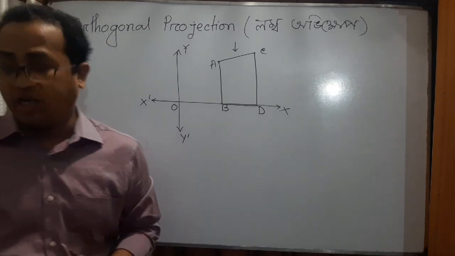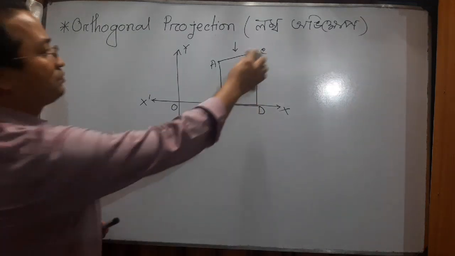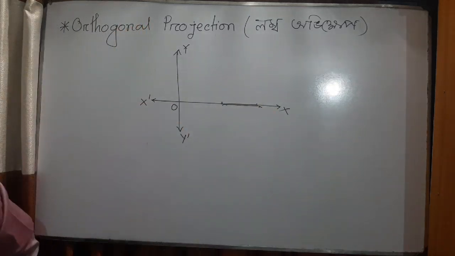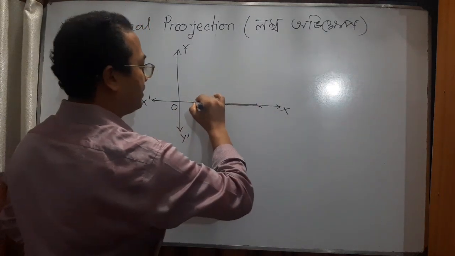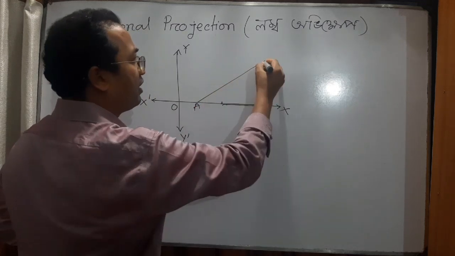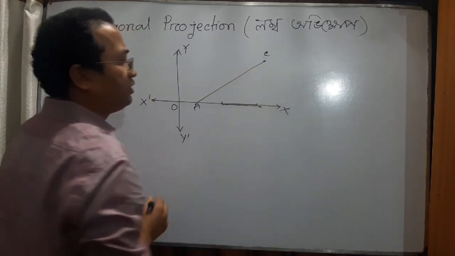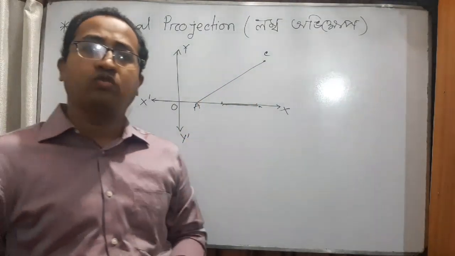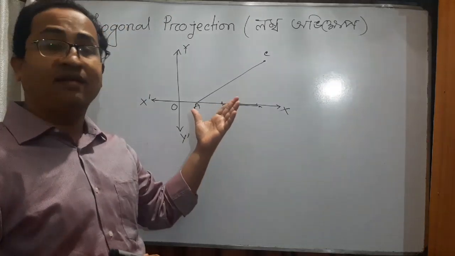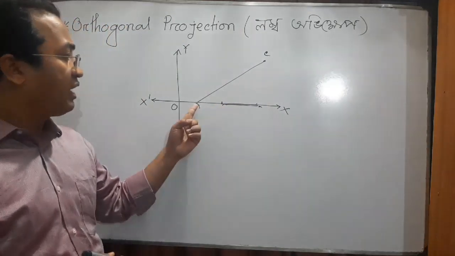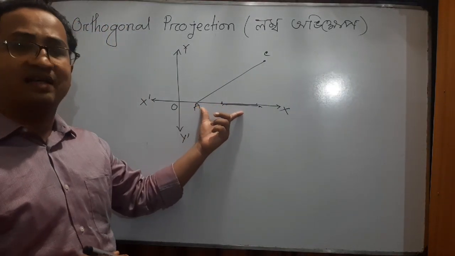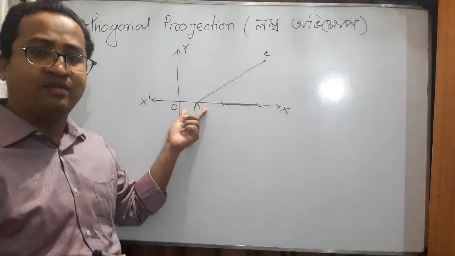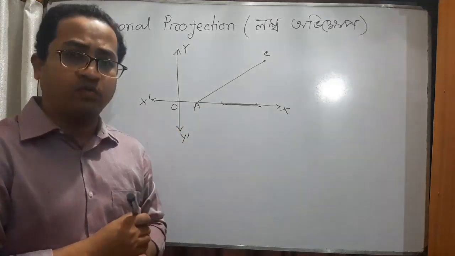Now look at the board again. Say this is A and C. Here AC is a line. Now how can you find the orthogonal projection of the line AC? Look, A is already on the x-axis. We cannot draw any perpendicular from A to the x-axis, as it already coincides there.